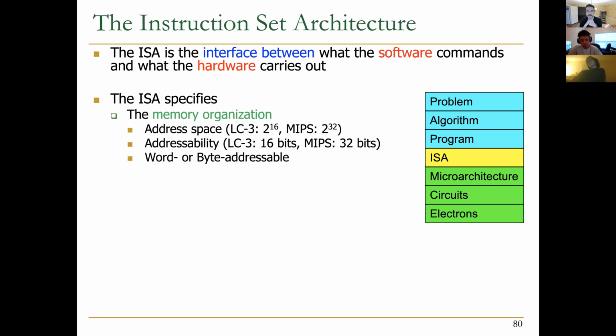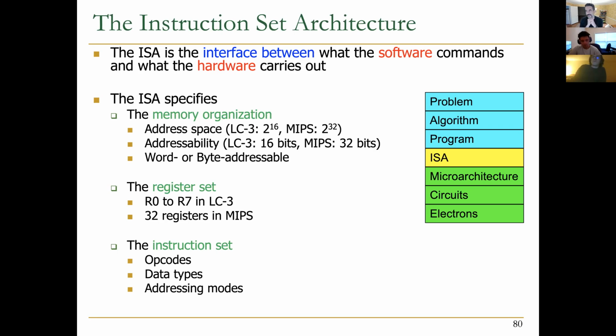We have addressability. We discussed word addressable or byte addressable. Before, the set of registers would be different depending on the particular machine. In LC3 we had 8 different registers, R0 to R7. In MIPS we have 32 registers.